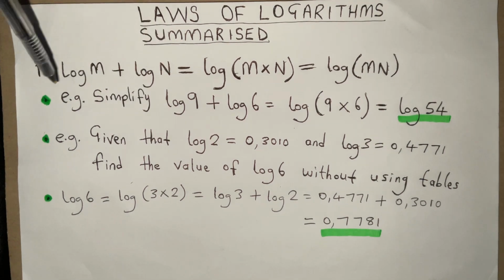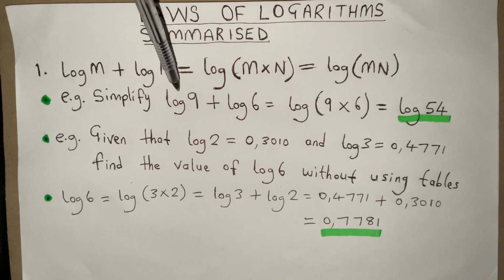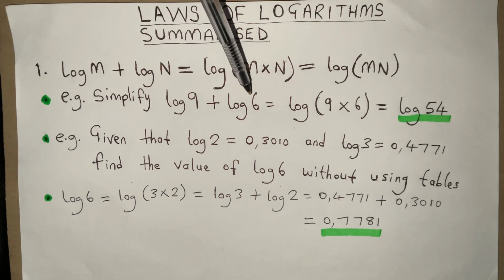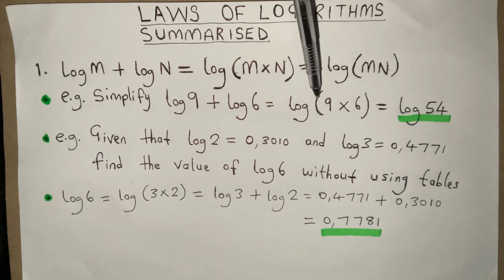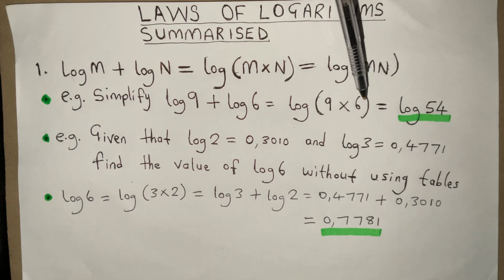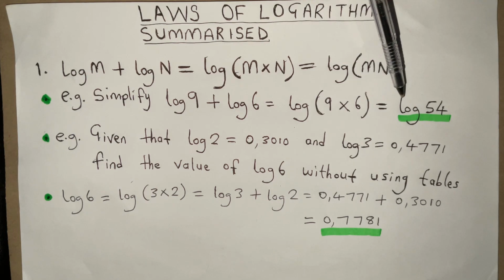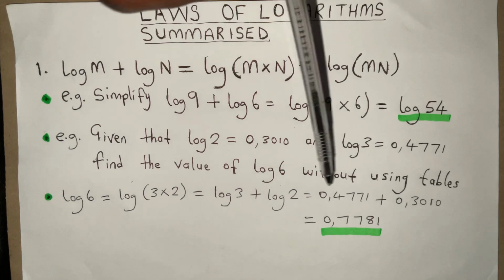So there's an example here which says simplify log 9 plus log 6. According to this law, log 9 plus log 6 becomes log 9 times 6, which is a product, so it gives us log 54. That's our answer here.